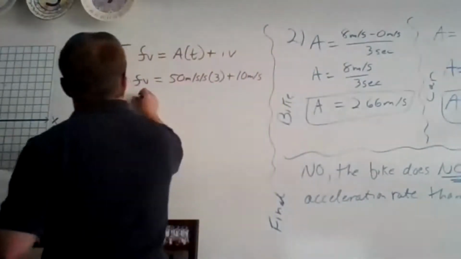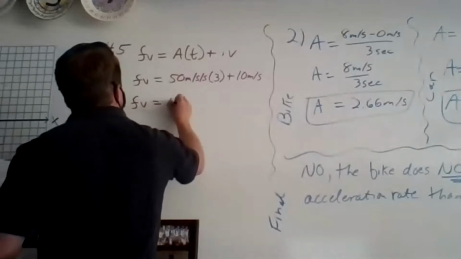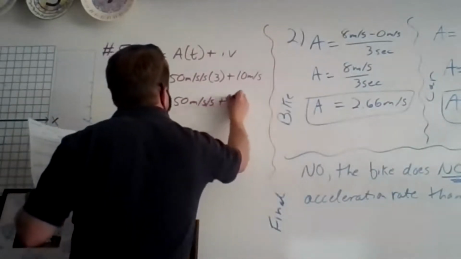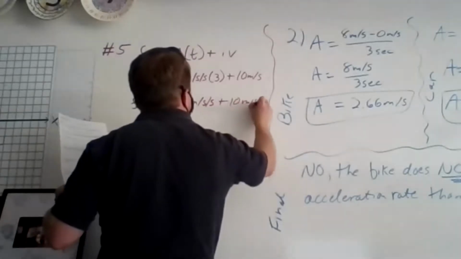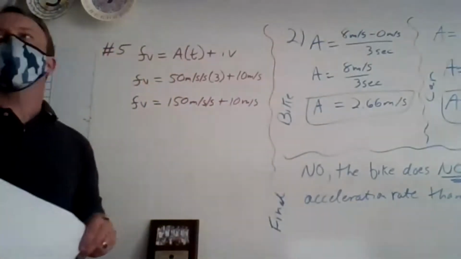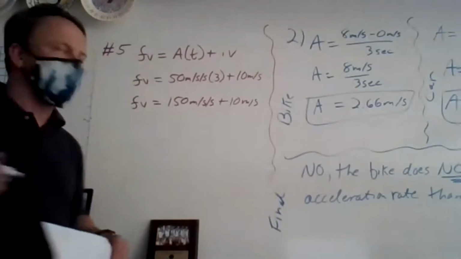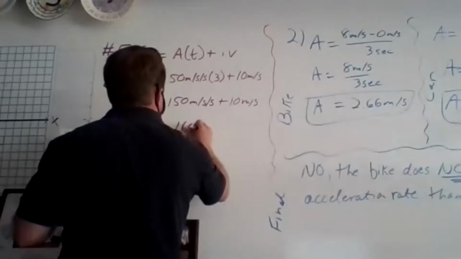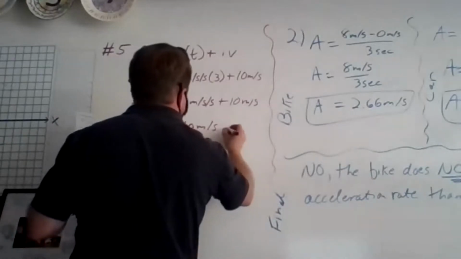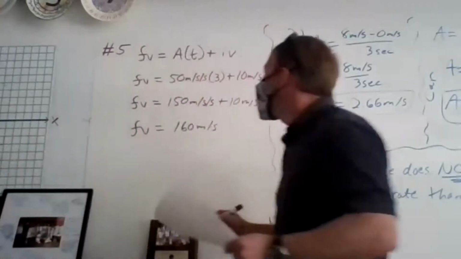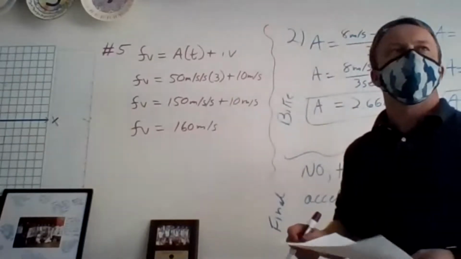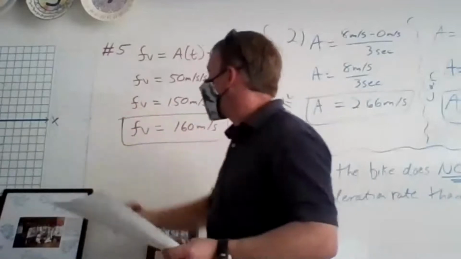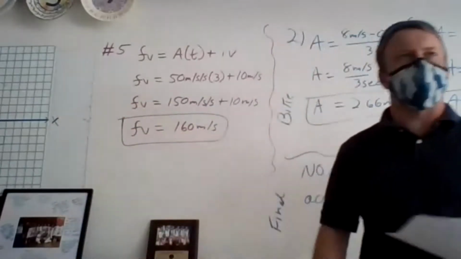So we do FV equals 150 m/s plus 10 m/s. What's 150 plus 10? 160. FV equals 160 meters per second. That is the final velocity for number 5.